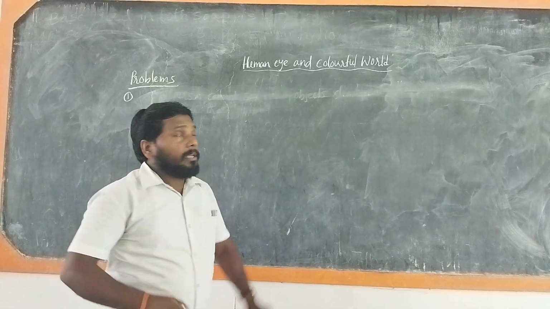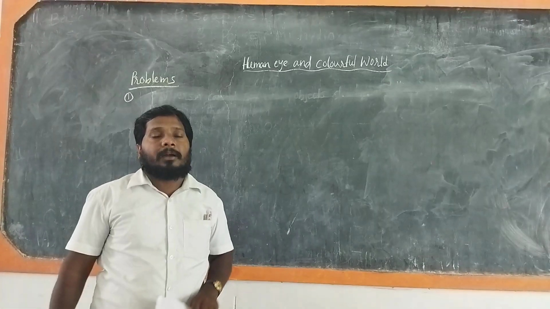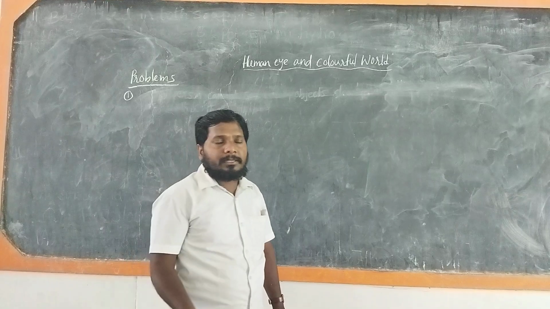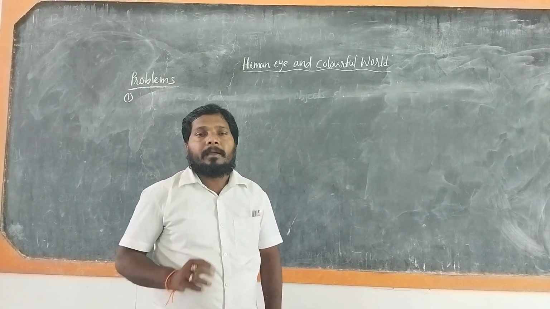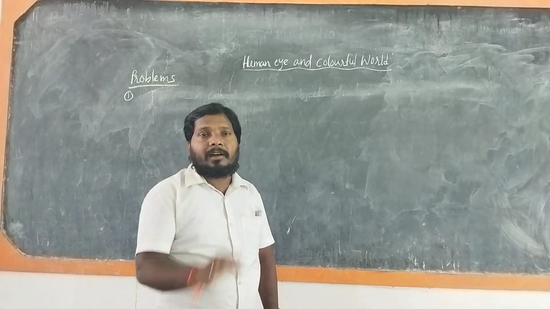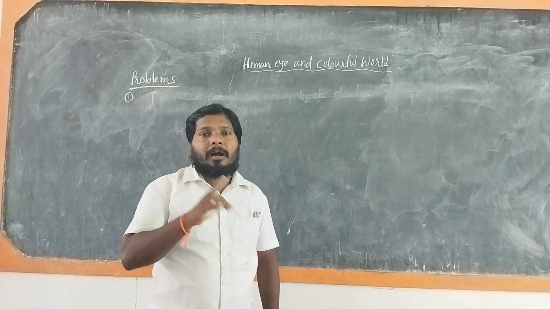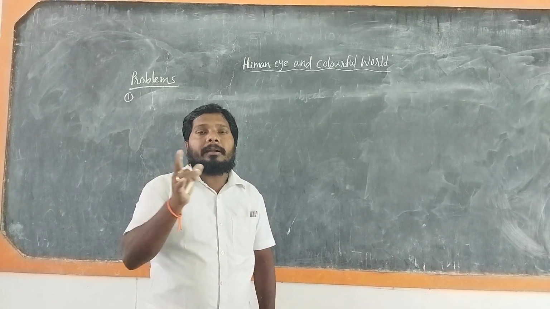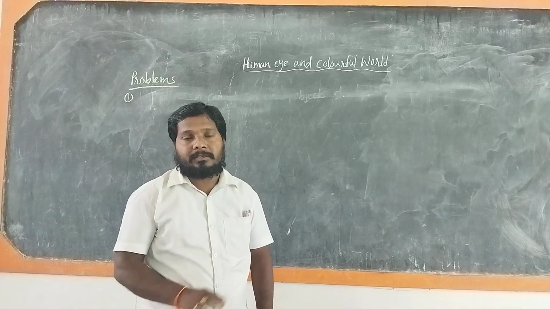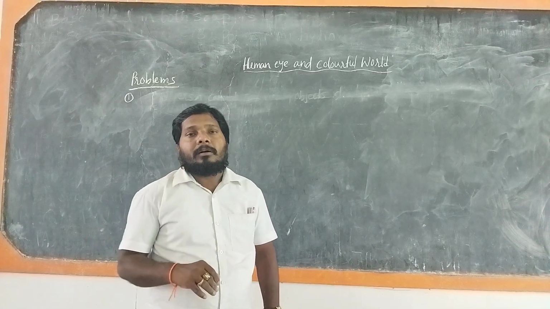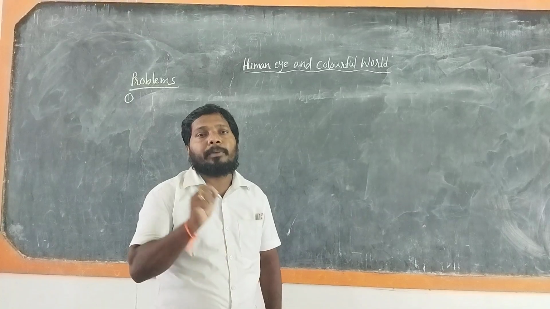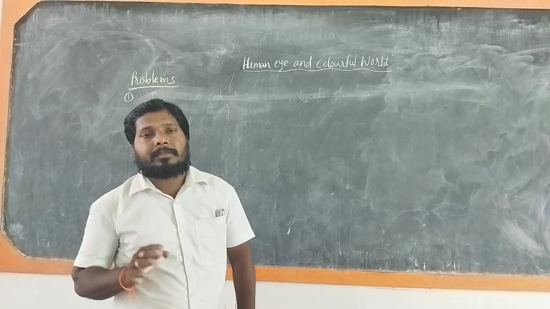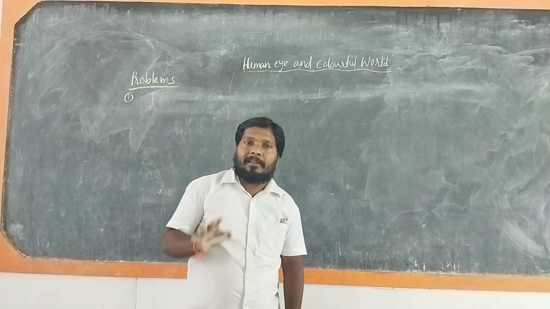Previously, in the chapter human eye and the colorful world, we discussed the structure and function of the human eye and defects of vision: myopia, hypermetropia, presbyopia, cataract. Today I am going to start my session with problems related to eye defects.